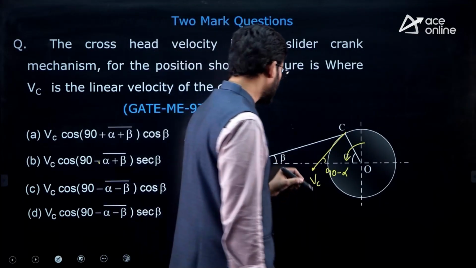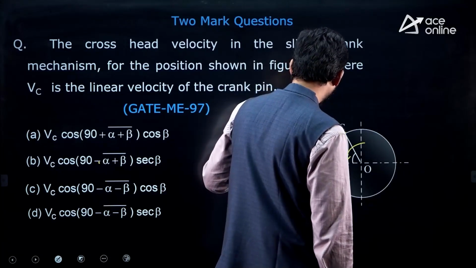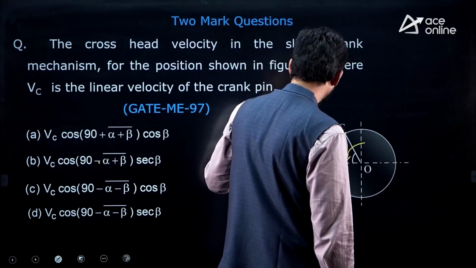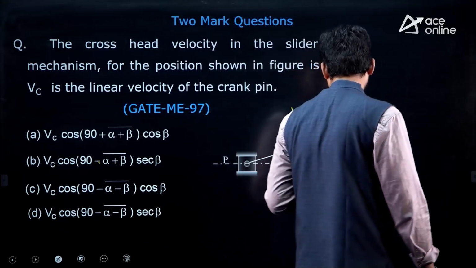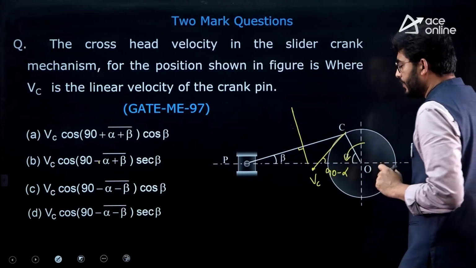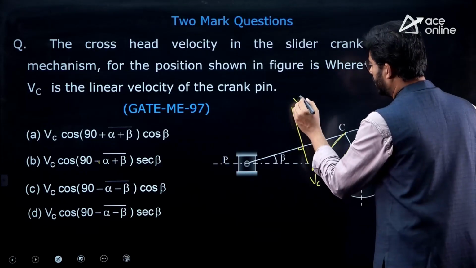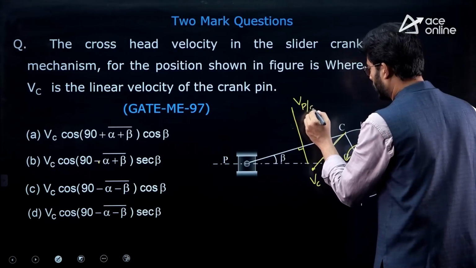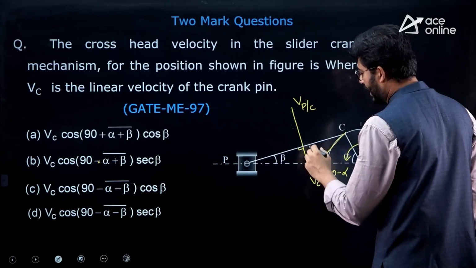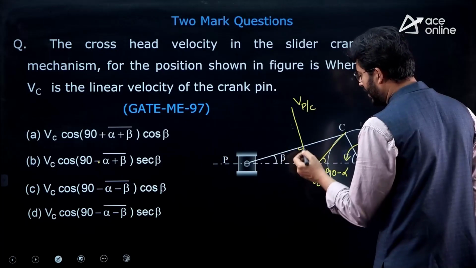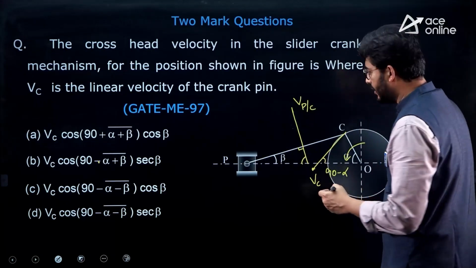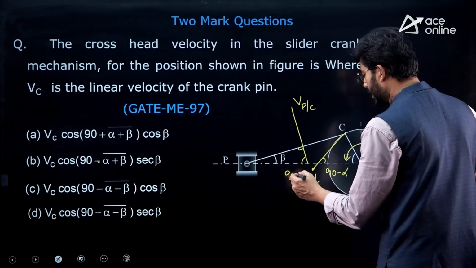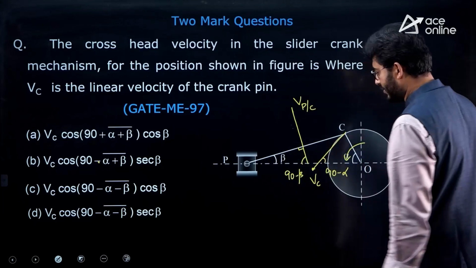Next, velocity of the connecting rod has to be perpendicular to it. Here PC is representing the connecting rod, and this is the velocity of point P with respect to C. This is going to make an angle of 90 degrees, and the angle formed within the triangle will be 90 minus beta.